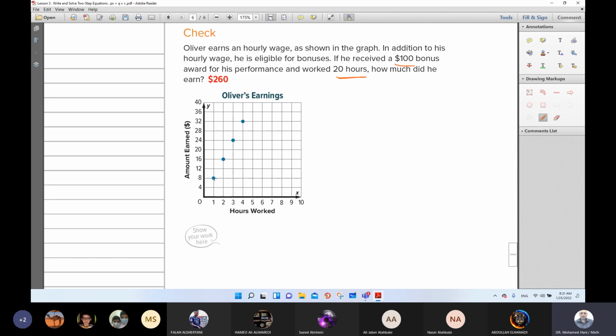And if you take the first point, as you see here, we have 1 hour. If he worked 1 hour, he earned $8. This is X and this is Y. The second point, if he worked 2 hours, he earned $16.